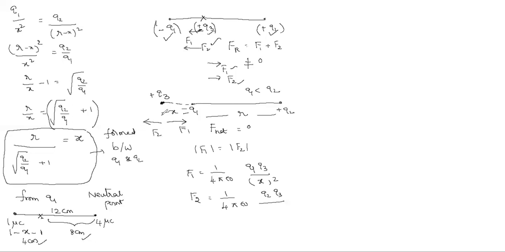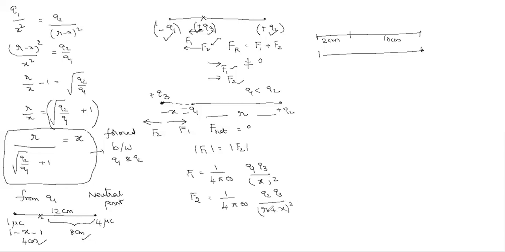Whatever it may be, this is r minus x. Suppose this is 10 centimeters and this is 2 centimeters, then between them it is 12, so what do I have to take here? r plus x whole square.